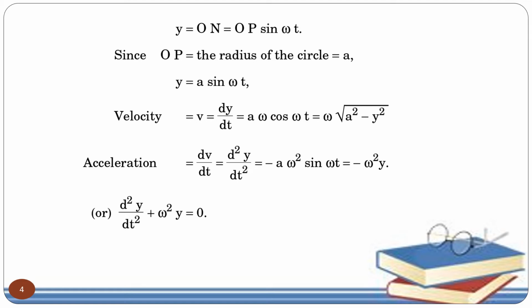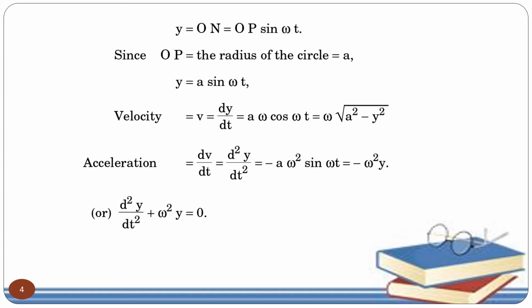When we differentiate, we get minus A omega squared sin omega t, which is equal to minus omega squared y. So we can rewrite the equation as d squared y by dt squared plus omega squared y equal to 0. This is called the differential equation of simple harmonic motion.